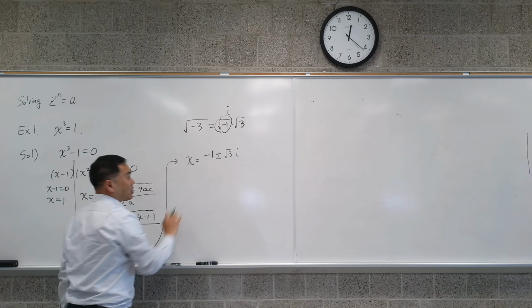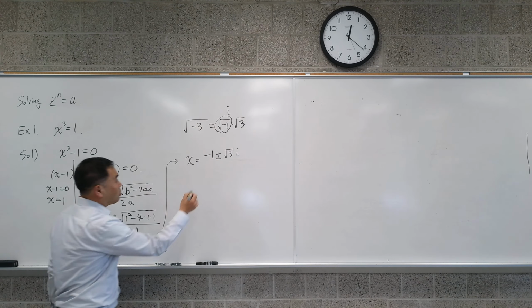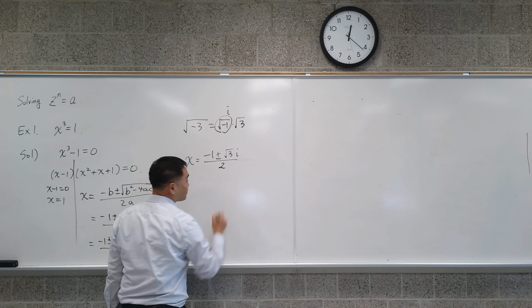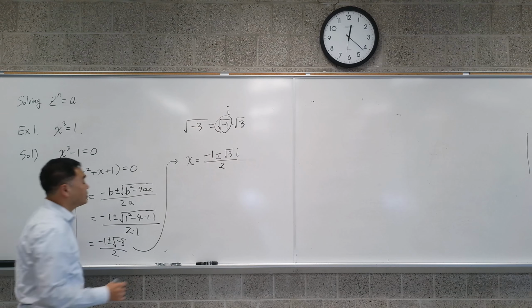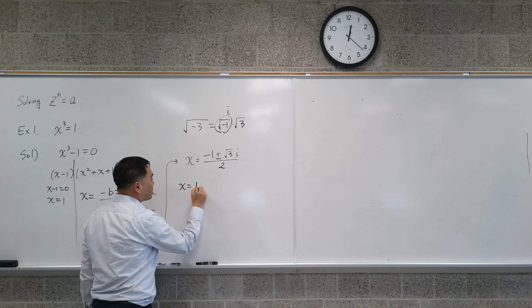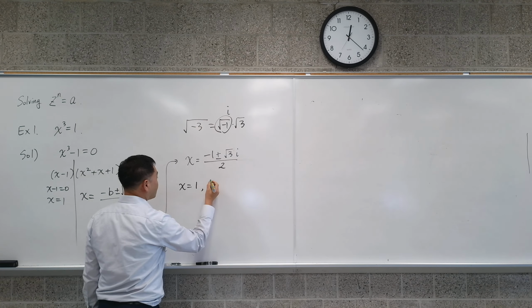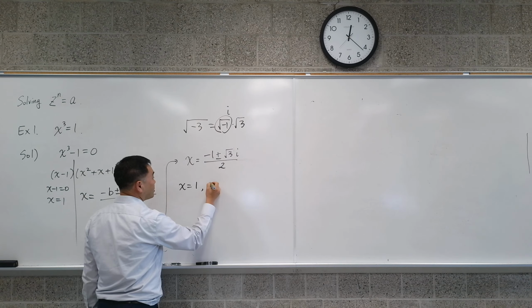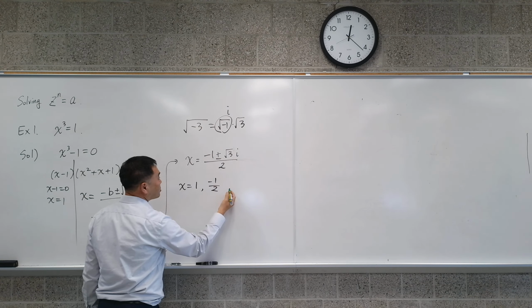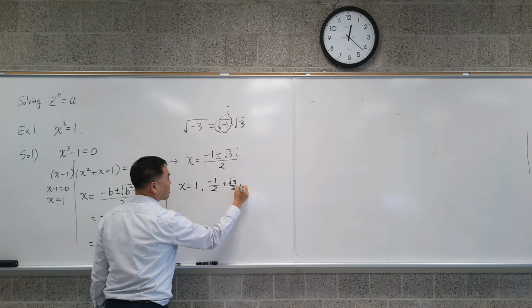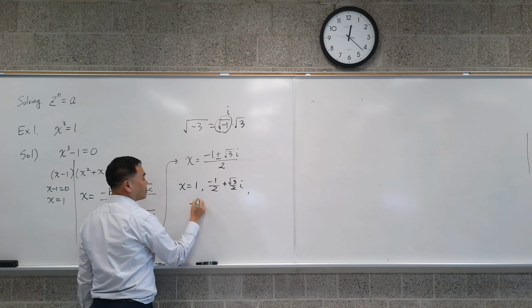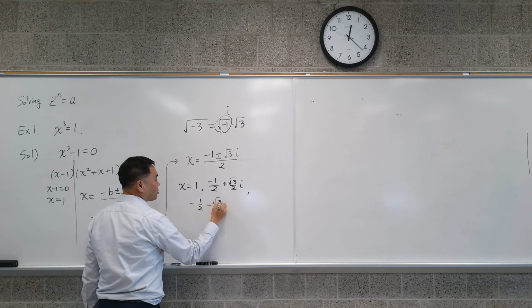That's why I'm rewriting it like that, all over 2. And therefore the answers are x equals 1, and then negative 1 over 2 plus square root of 3 over 2 i, and negative 1 over 2 minus square root of 3 over 2 i.